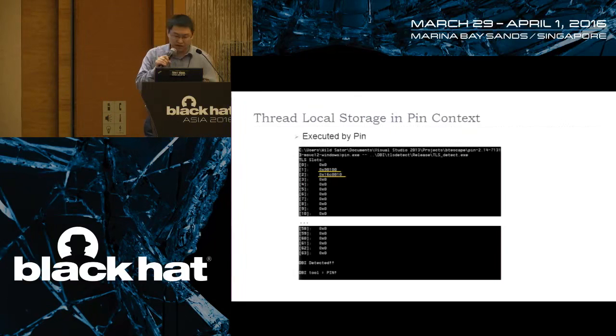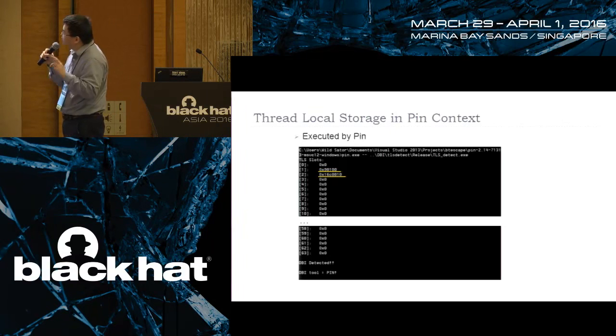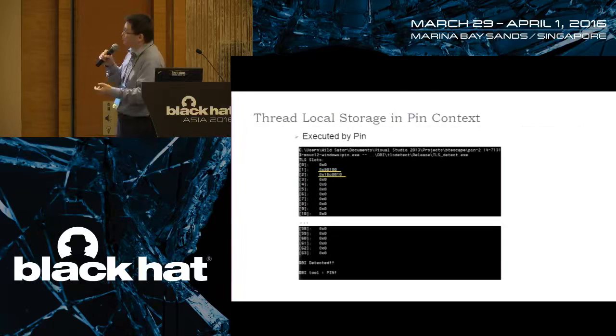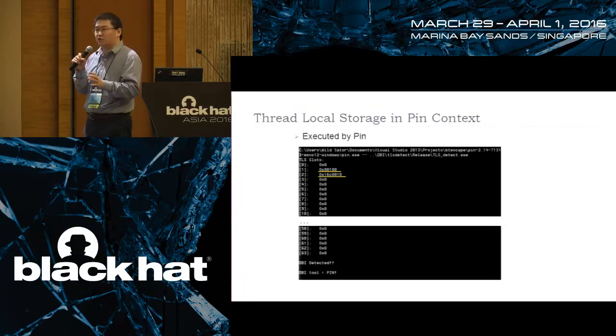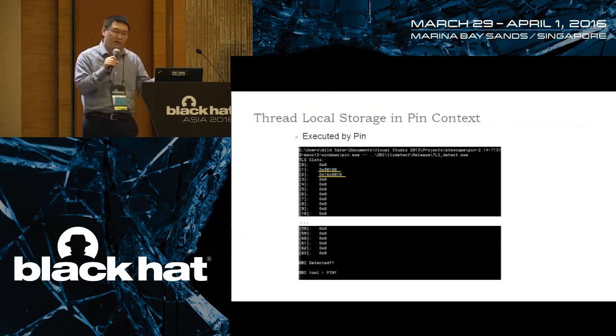Here, the first one, we run under PIN. You can see index 1 and index 2 equal some pointer. That's not 0, right? Later on, we will discuss that, but they have to put some critical values in that data structure, and that's the way you can detect it.